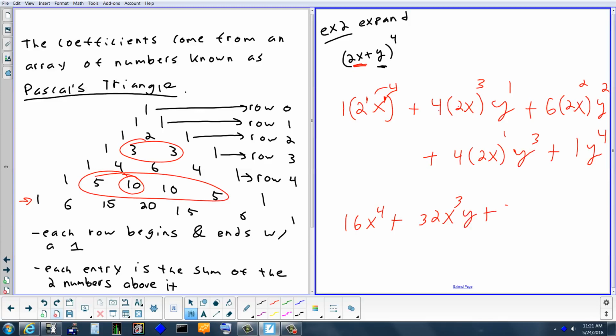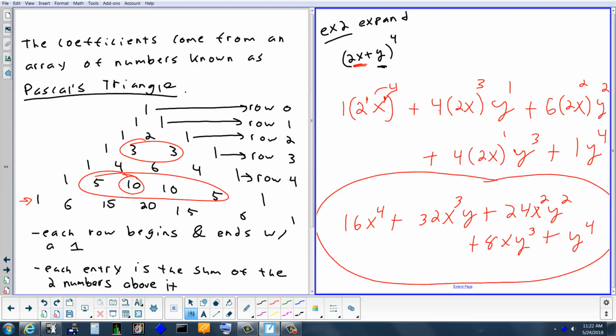Careful, yeah, 24x squared. I think you said 12. And now the second to last one, 2x, it's just to the first, so you don't have to do anything with that. But you got to do 4 times 2 gives you 8xy cubed. And then the last one, there's nothing to do, just y to the fourth.